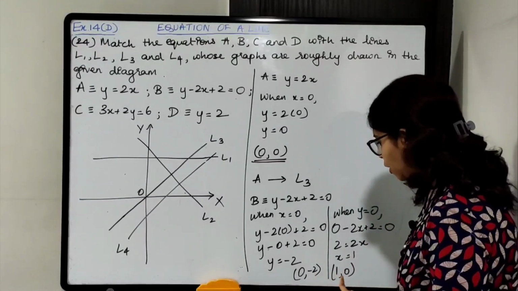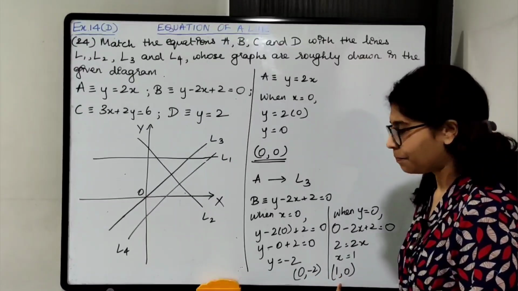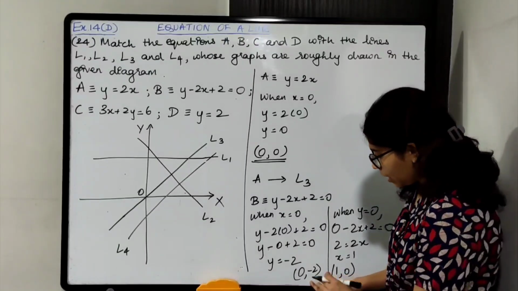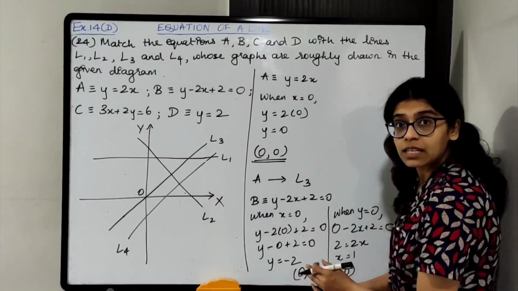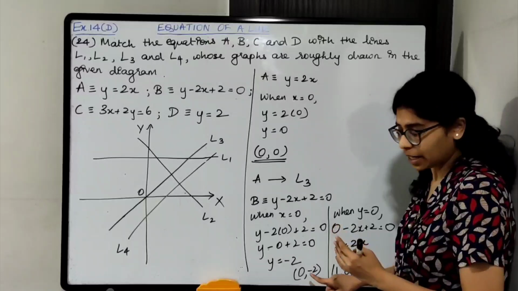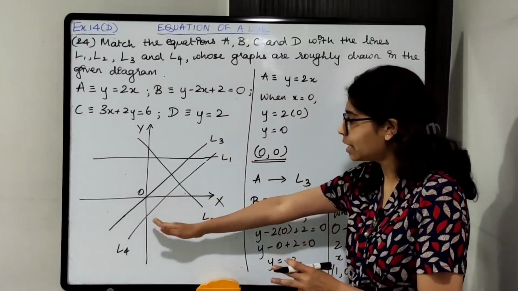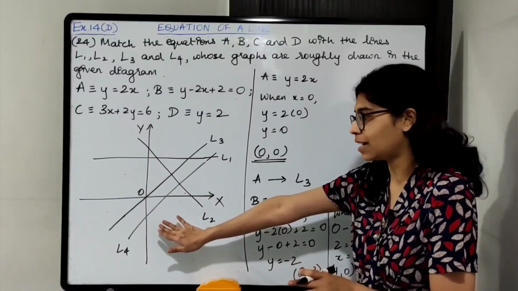So these 2 points are lying on the line. Which line? If you see, it is cutting the y axis at a negative value, because the y coordinate is negative. So which line is cutting the negative part of the y axis?